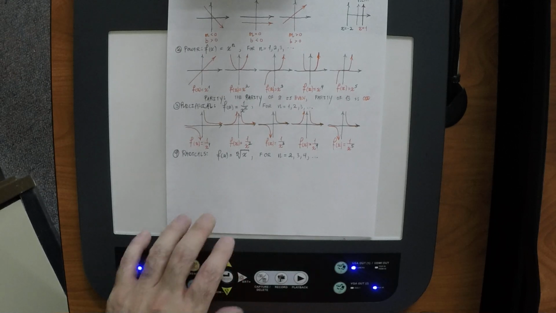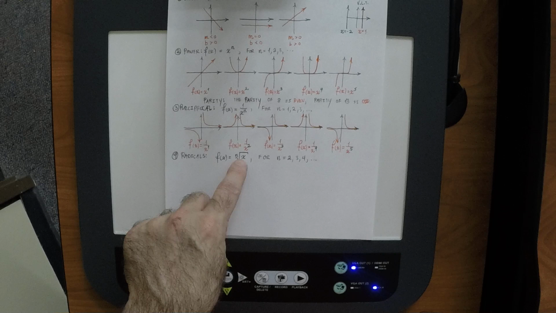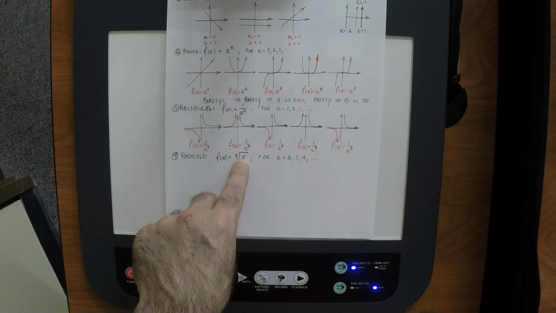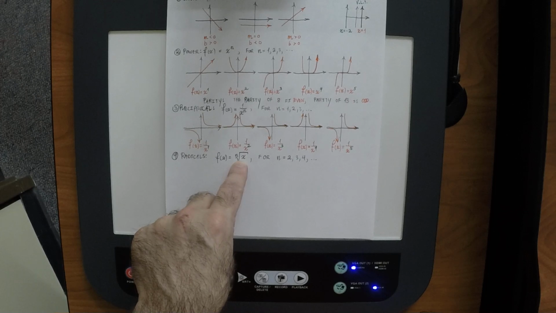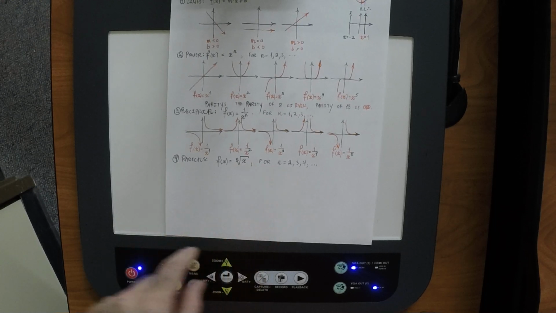A second root of x is so common that it has its own special name. What's the special name for the second root of x, when n is 2? Square root, right? So there's not like a first root, right? That's not a thing. So you've got to start at 2.